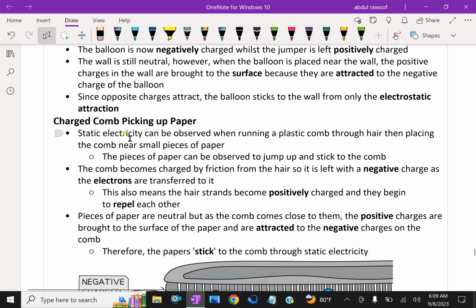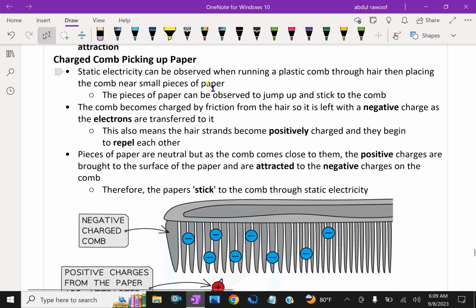Charged foam picking up paper. Static electricity can be observed when running a plastic foam through your dry hair, then placing the foam near small pieces of paper. What happened? The foam becomes charged by friction from the hair, so it is left with negative charges, as electrons are transferred to it.